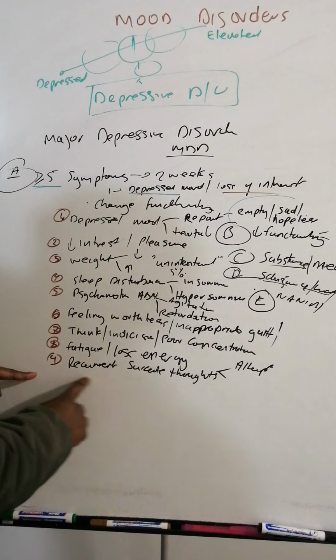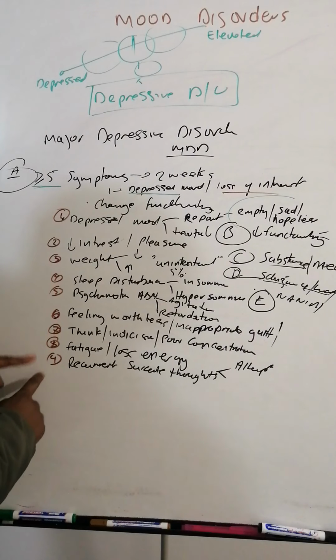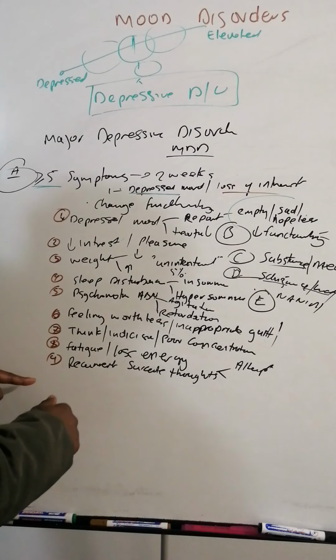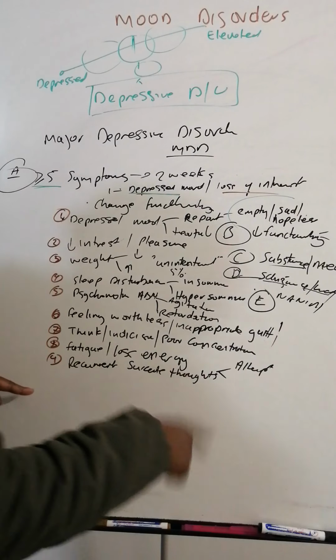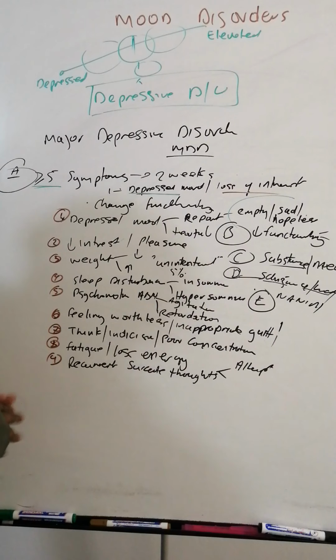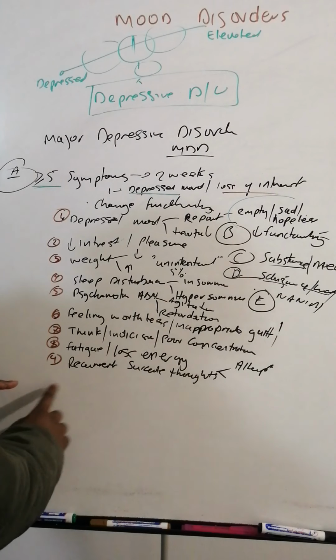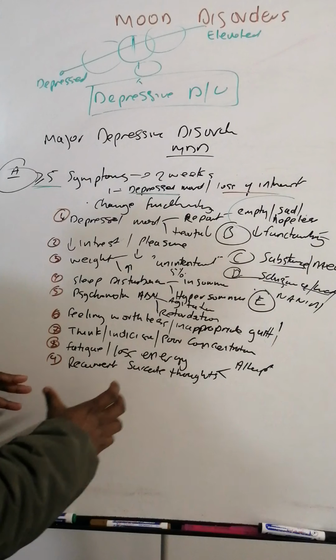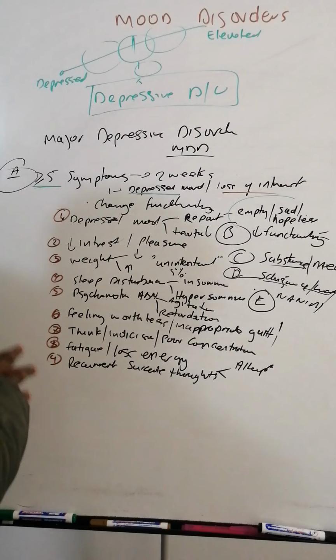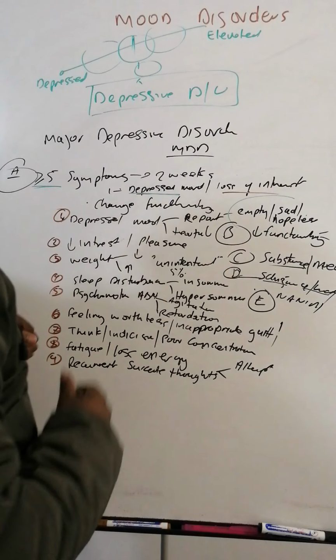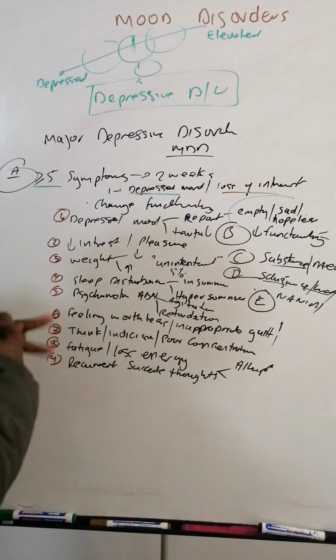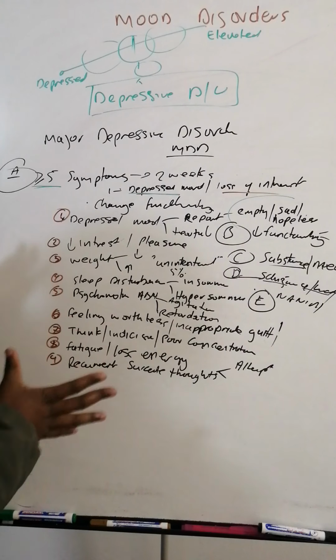Because if they go on and commit suicide, and they came to you and you diagnosed them with MDD but missed the fact that they've got MDD with suicide ideation, then it can put you in trouble. So the recurrent suicide thoughts can be that they just have thoughts, there's no plan, or there is a concrete plan, or they've actually attempted suicide. That's criteria A. Criteria A is about the 9 symptoms.